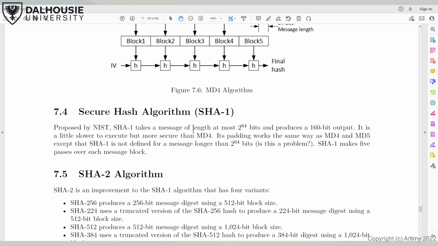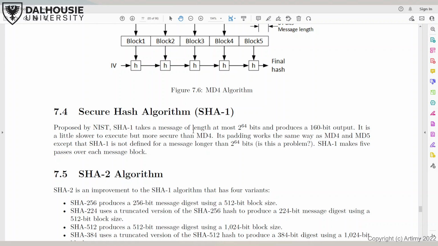This one is proposed by the National Institute of Standards, the American one. This hash algorithm takes a message of up to 2 to the power of 64 bits. So it's not any length. It has a maximum length, and produces 160-bit output, which is more than 128, which means less possibility of collision.